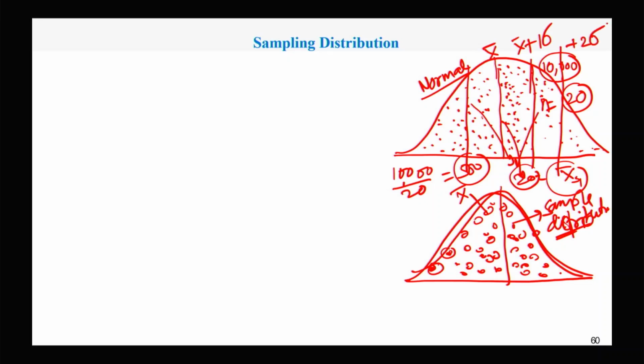In the sampling distribution, you have individual data points, that is why we can calculate the standard deviation. But in the sampling distribution we do not have individual data, we have the mean of individual data, that is x bar 1, x bar 2, x bar 3, individual means.